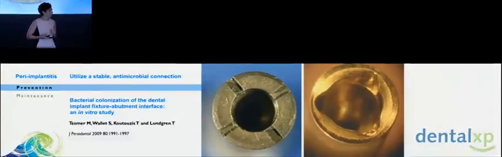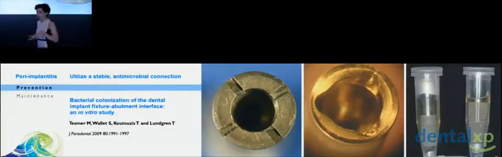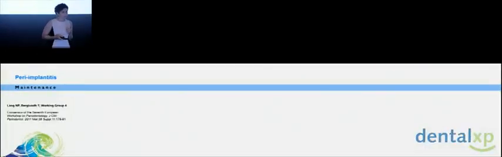And you can see here that Tord did a study where he placed implants in a microbial broth and saw which ones were leaking inside the implant. And so a conical connection is a very nice connection to have for long-term stability.